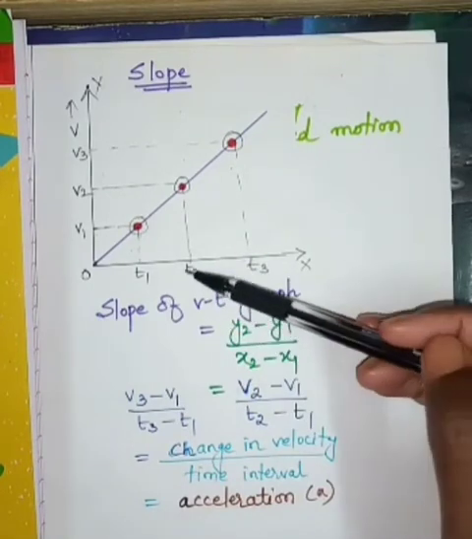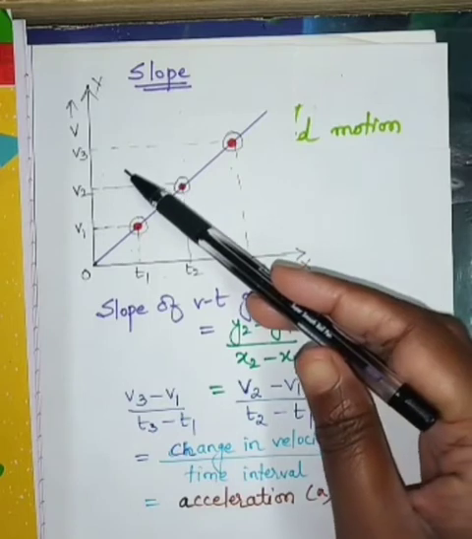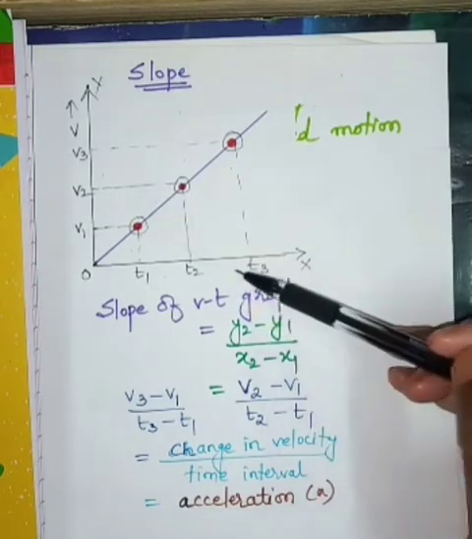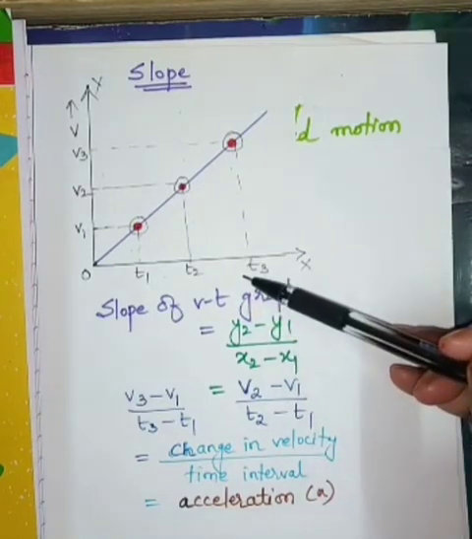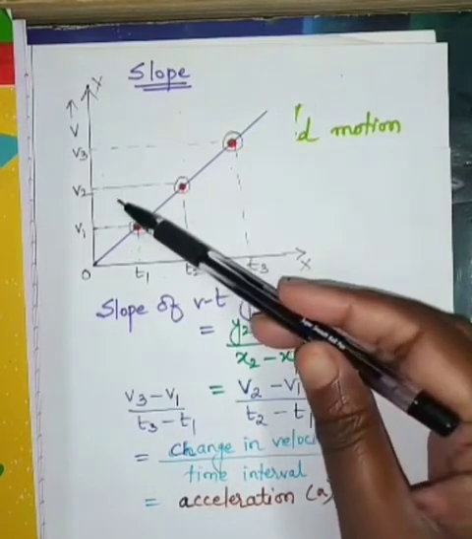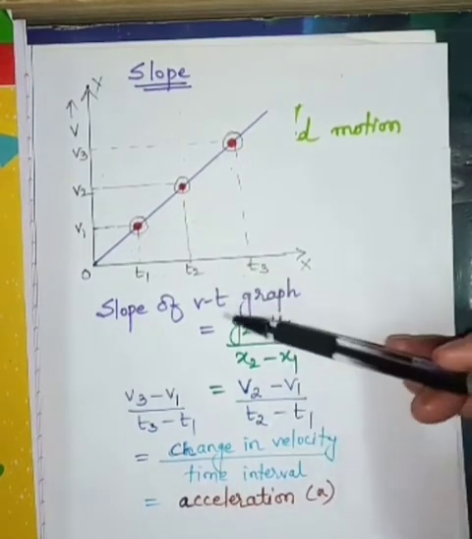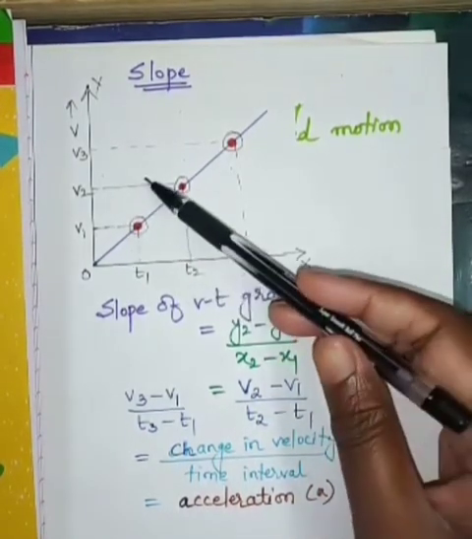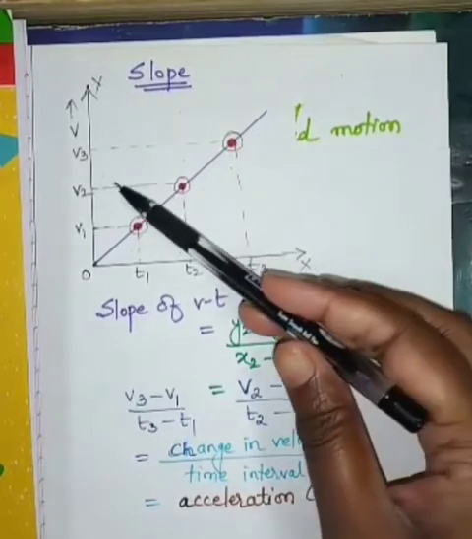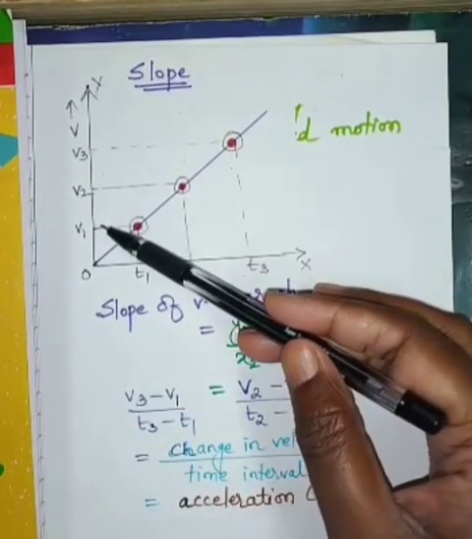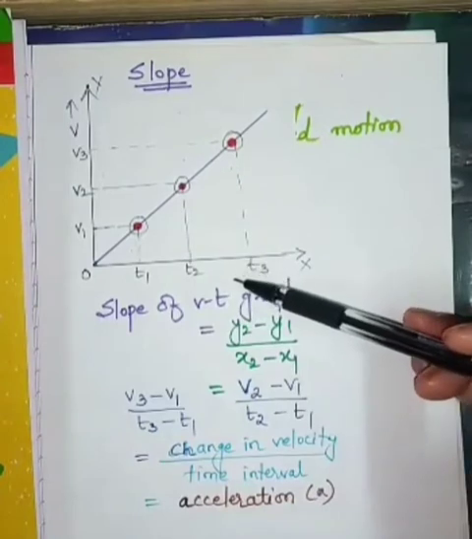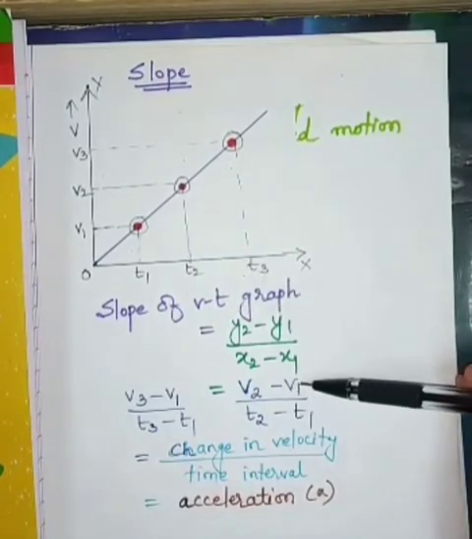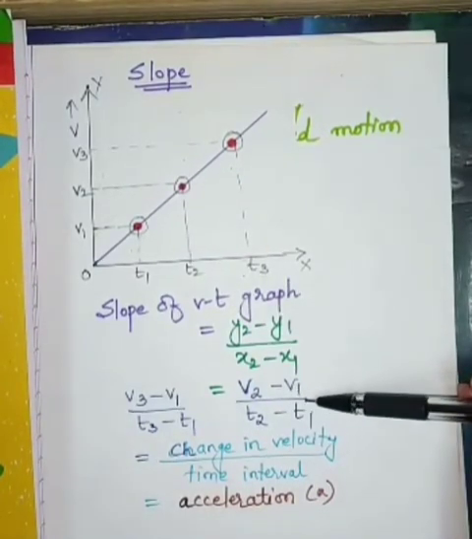Therefore, we will take any two values of the velocity from y-axis and the corresponding two values of the time. I have taken v1 and v2, that is v2 minus v1 upon t2 minus t1.